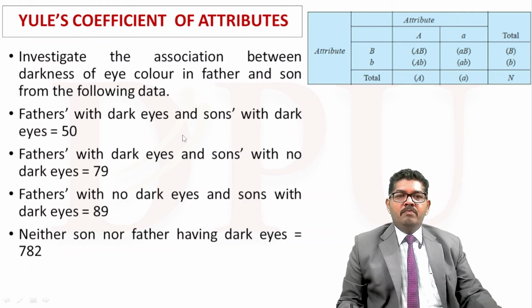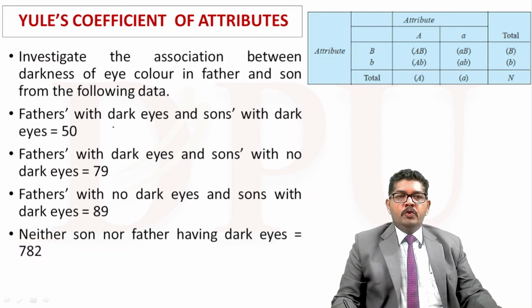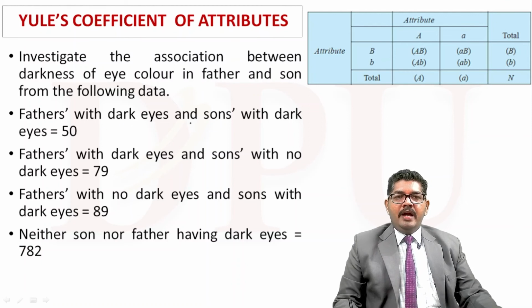So we have to form this particular table before we calculate Yule's coefficient. Let me take a pen again. Fathers with dark eyes and sons with dark eyes. This is the presence of the attribute dark eyes. So this is presence of dark eye in father, and this is presence of dark eye in son.